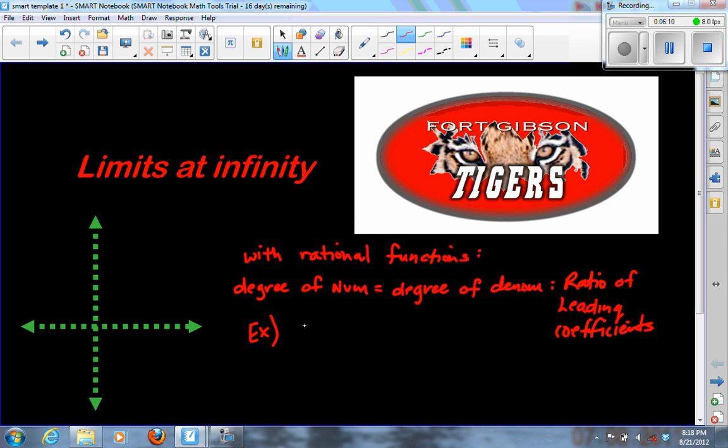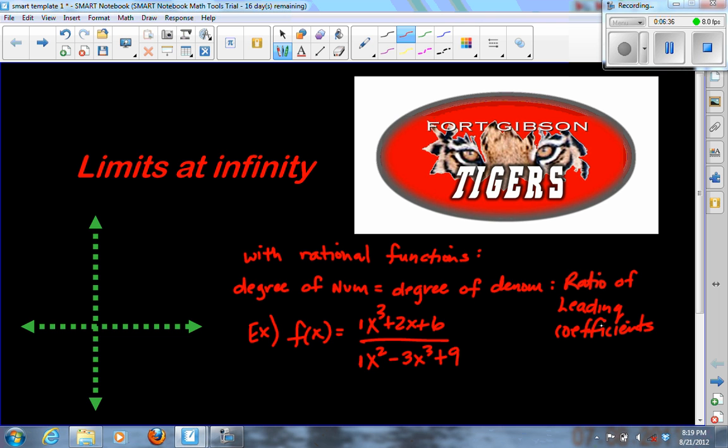Let's say I have f of x is x cubed plus 2x plus 6 all over x squared minus 3x cubed plus 9. Now, I picked this example specifically to talk about, most people would think the leading coefficient is this coefficient and this coefficient, and that's a common mistake.